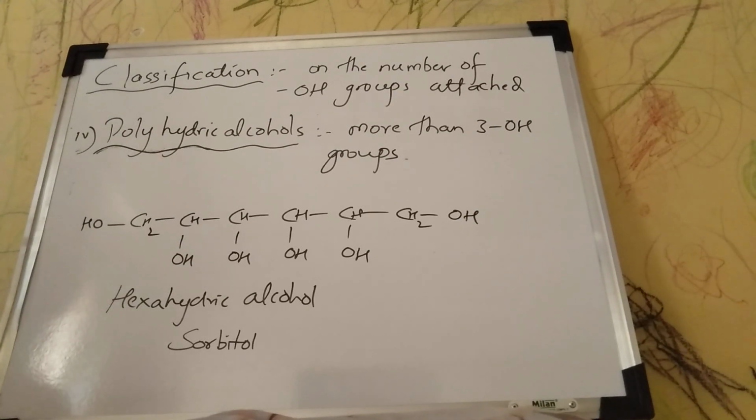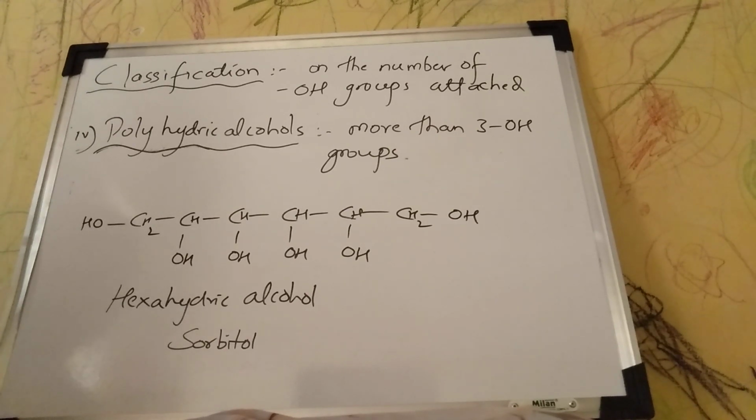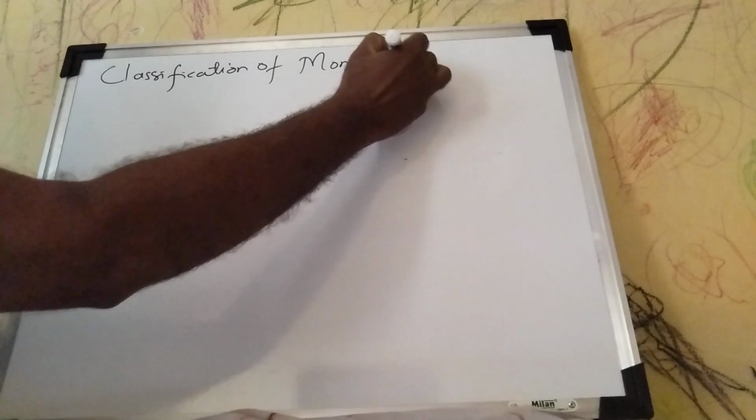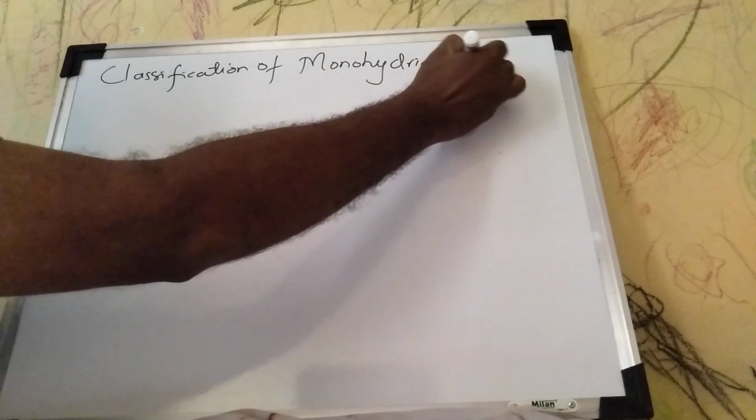Now, further, the monohydric alcohols are also classified based on the type of the carbon atom undergoing hybridization to which the hydroxyl group is attached. Next is classification of monohydric alcohols.